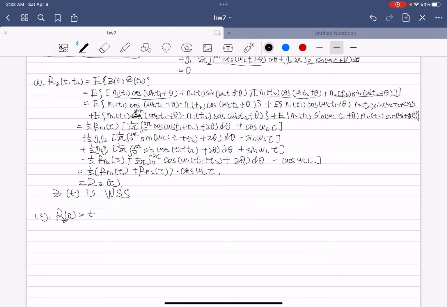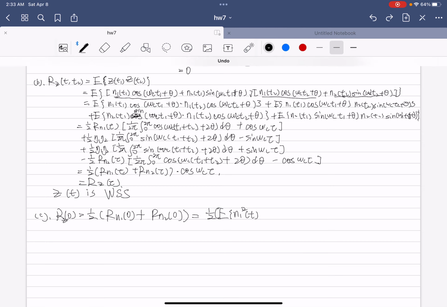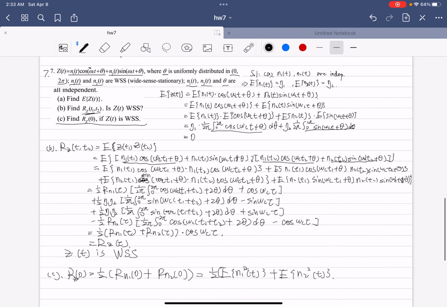It's easy to find Rz(0) to be 1/2 of Rn1(0) plus Rn2(0), which is half of the mean of N1(t) squared, then plus N2(t) squared. Okay.